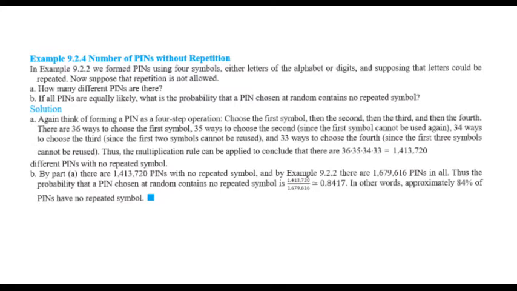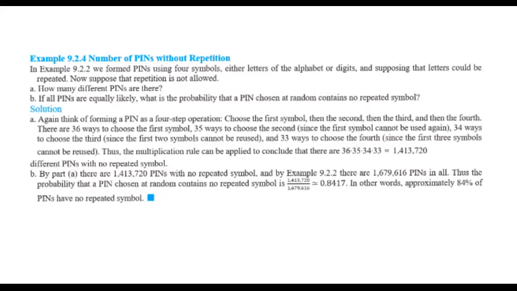So based on the multiplication rule, we can create a pin with no repetition in 36 times 35 times 34 times 33 different ways, which is equal to 1,430,720 different ways. So we have this much different pins with no repeated symbols.